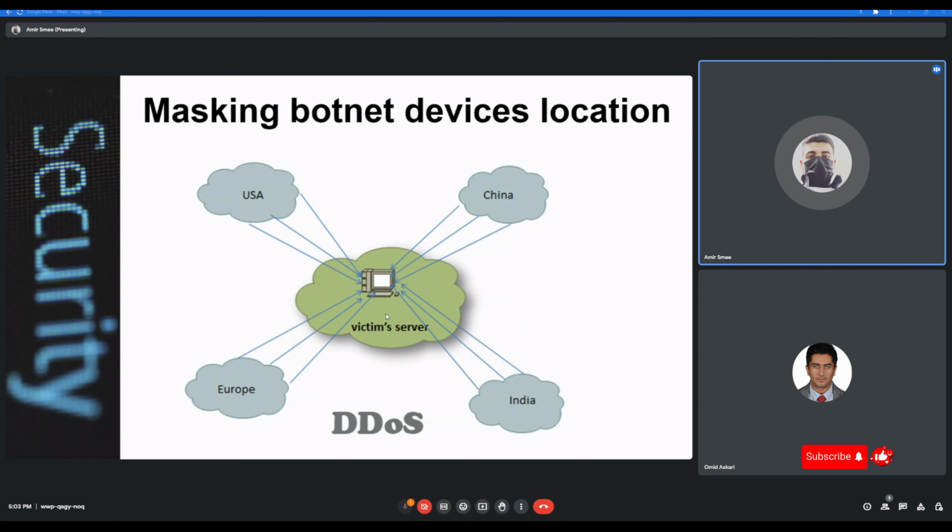Two, prevent targets from notifying device owners about an attack in which they are unwittingly participating. And three, bypass security scripts, devices and services that attempt to mitigate DDoS attacks through the blacklisting of attacking IP addresses.